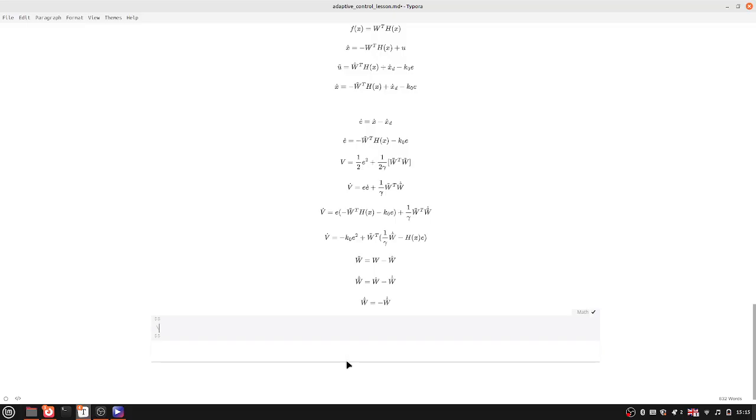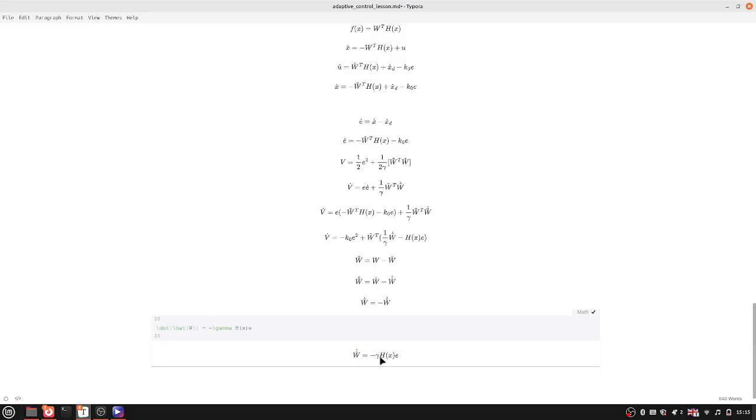Well, it needs to be equal to gamma times our basis function h of x, e, but remember, W hat dot is equal to minus W tilde dot, and this is W tilde dot here, so we just need to conserve that sign and put in a minus there.